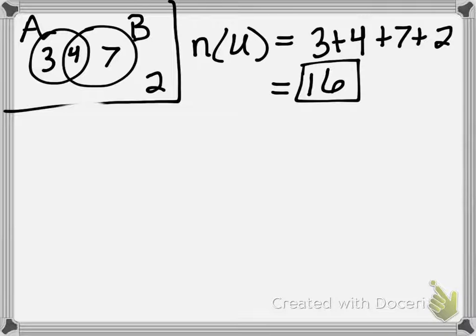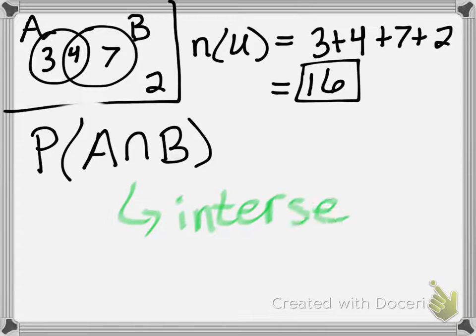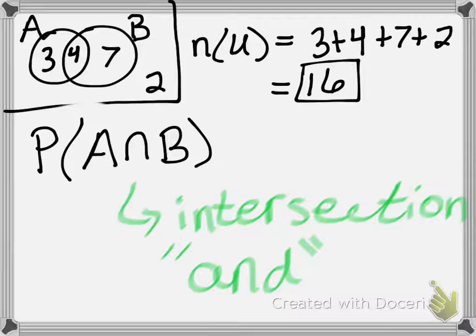A couple other probabilities that we can find: now we're going to compare both groups. This upside down U stands for the intersection. The word I want you to say and think about is the word and.